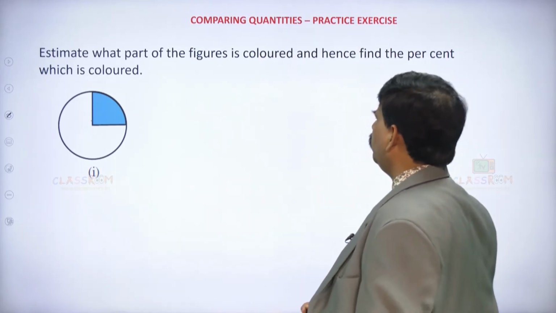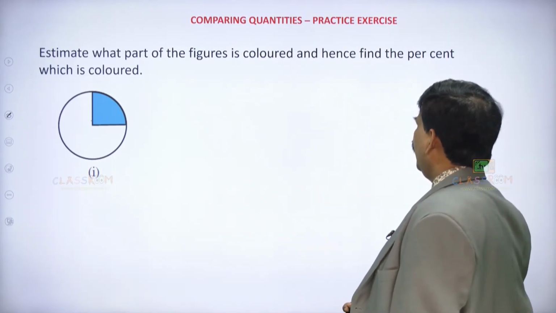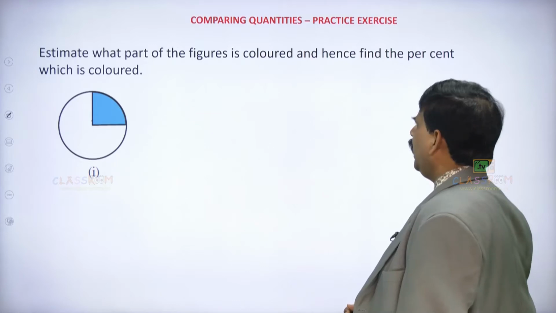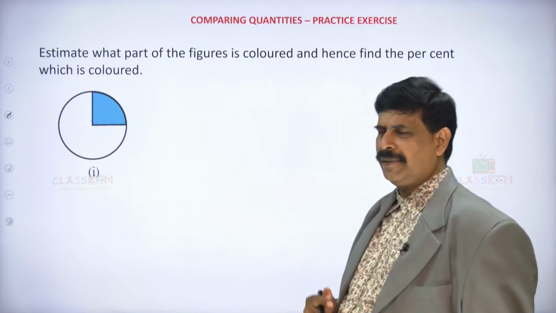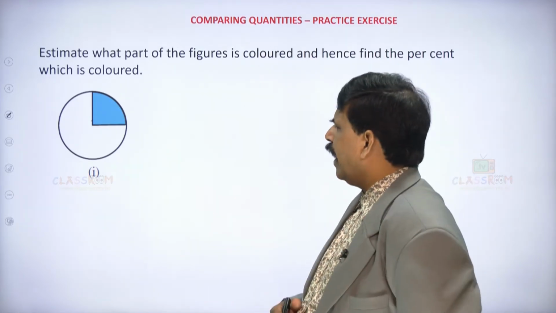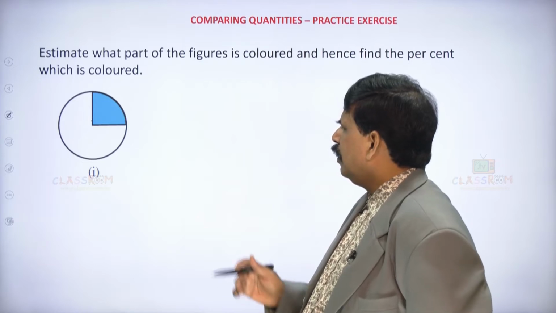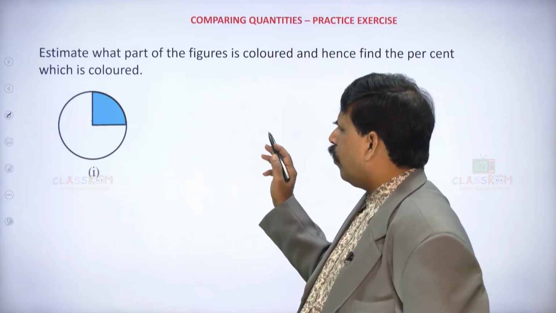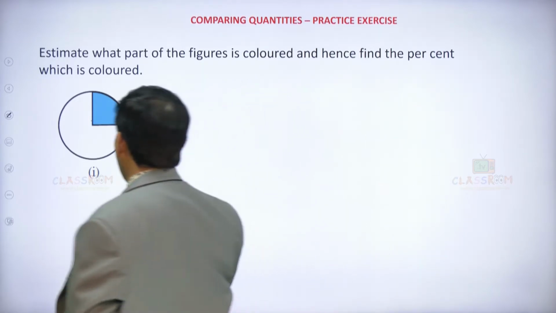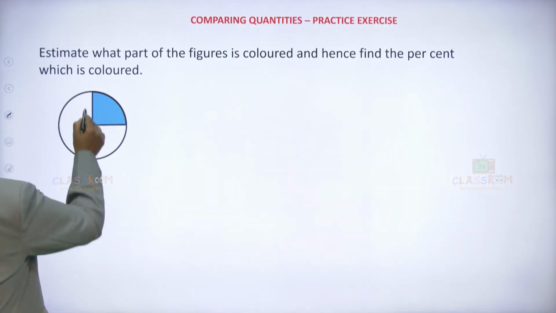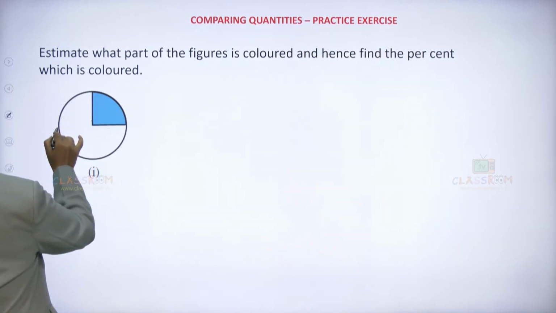See the next one. Estimate what part of the figure is colored and hence find the percent which is colored. So look at the diagram, children. After seeing the diagram, what we are getting here is one part is shaded.